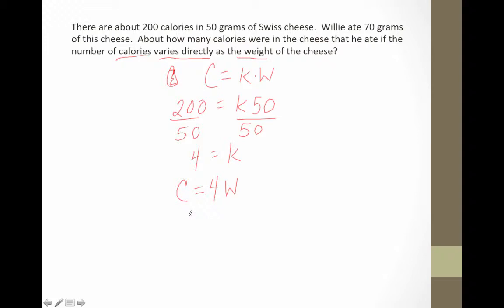So that tells you that what you're looking for is C, which means you're not going to know C. So we might as well just write C equals 4 times 70 in this case because he ate 70 grams. So 280. And remember that the unit on that was calories. So he ate 280 calories, which is entirely too much just from eating cheese.